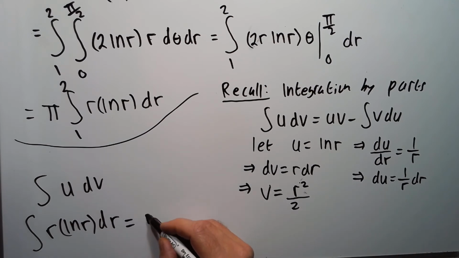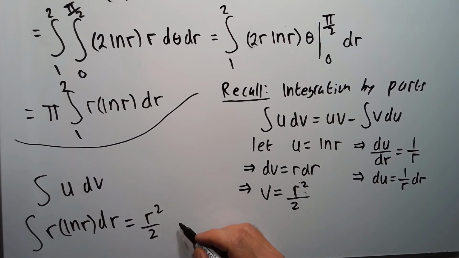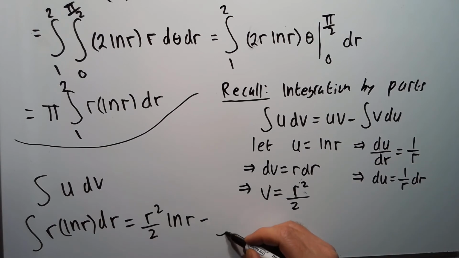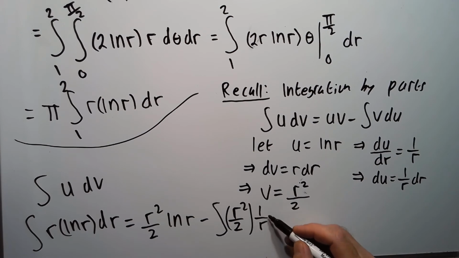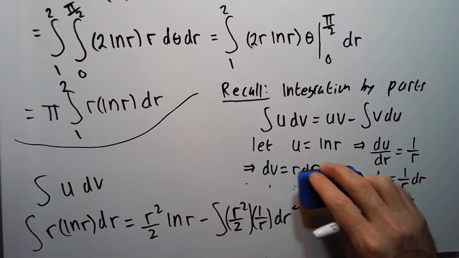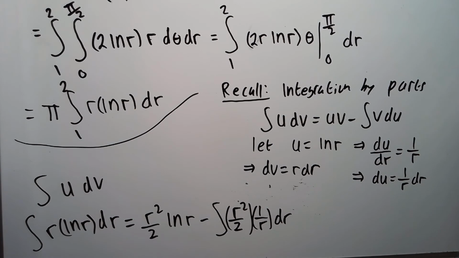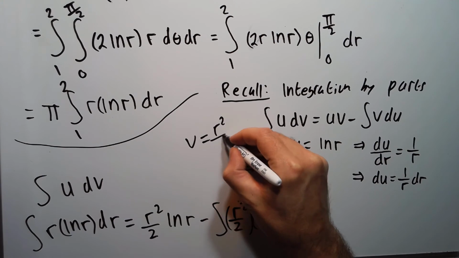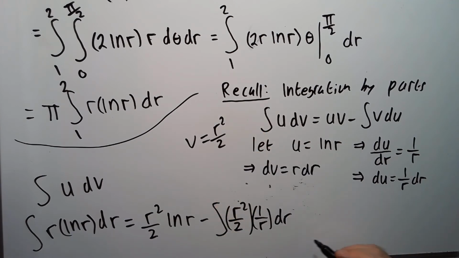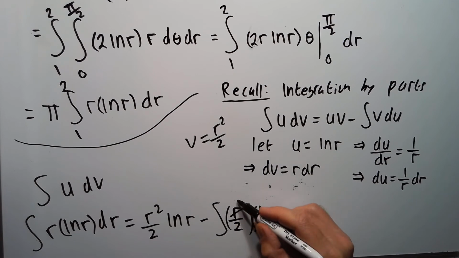So it's going to be r squared over 2 ln of r, then minus the integral of v, which is r squared over 2, times du, which is 1 over r dr. So r is cancelled there.